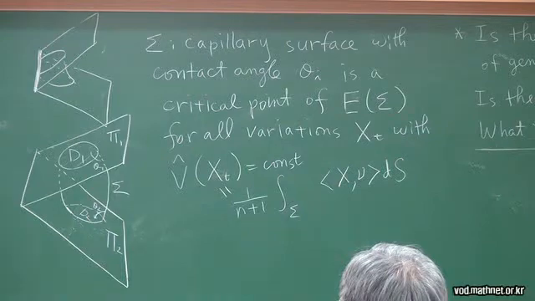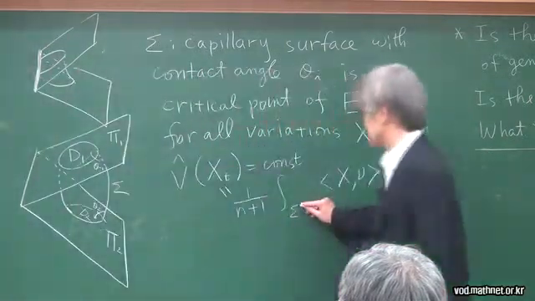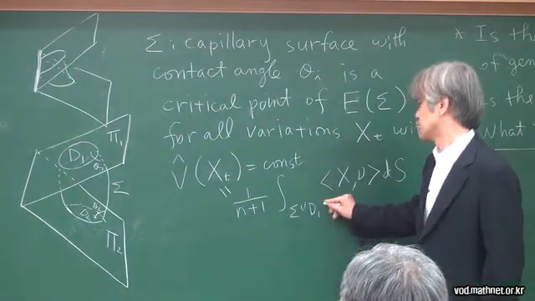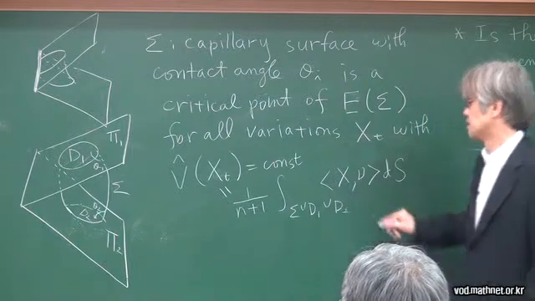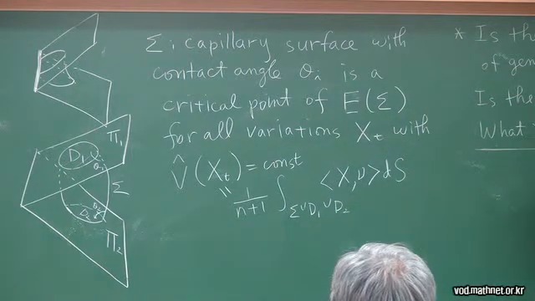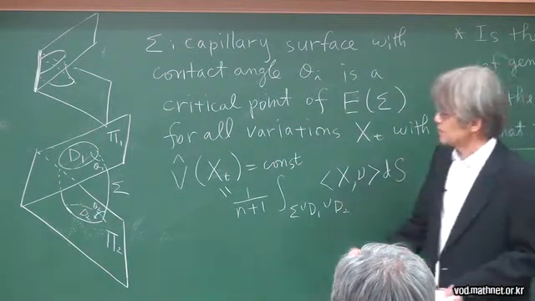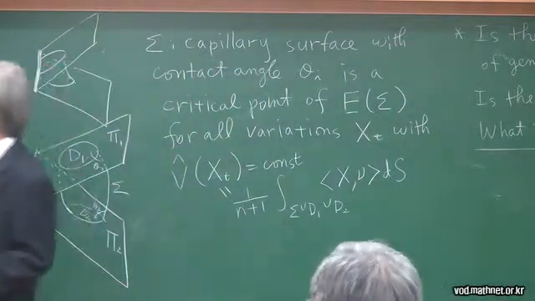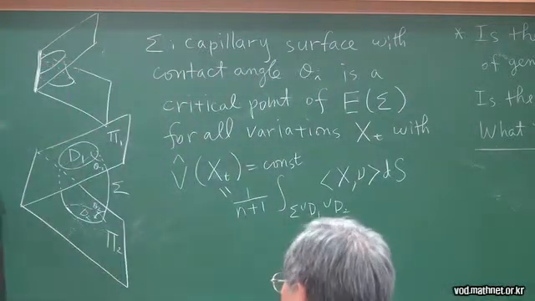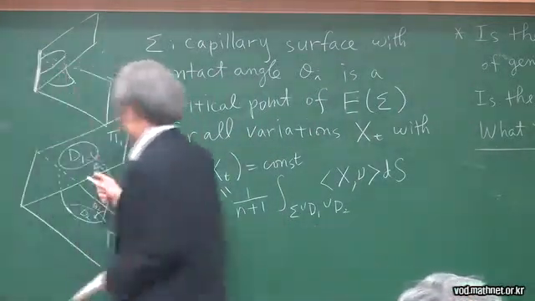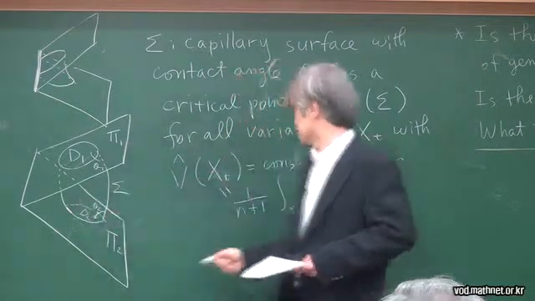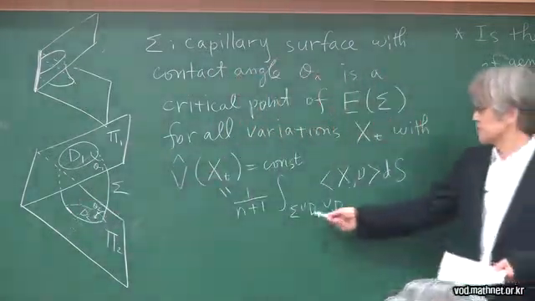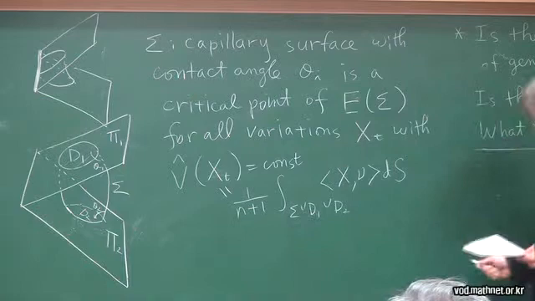And we can enclose sigma with D1 and D2. By the embeddedness, the boundary is embedded, so there's such a domain D1 and D2, but sigma can be immersed.